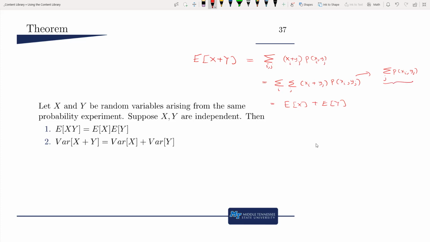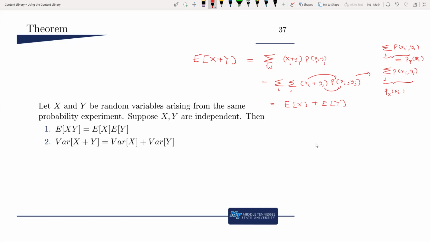So this would end up as the probability of x_i. That's something you need, because once you expand this, you would need that. In the same way, if you sum across i, then this would end up as the probability of y_j.